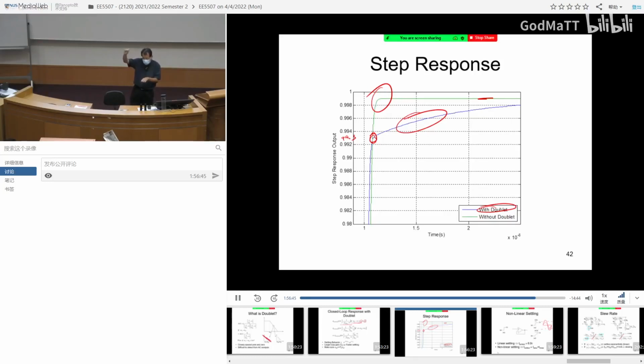You count the number of hairs they have, they will be different. Because they cannot be identical, they cannot cancel. If they cannot cancel, you will have a doublet. And with this doublet, you have to be careful. If you are not careful, instead of speeding up the response, you could be slowing it down.